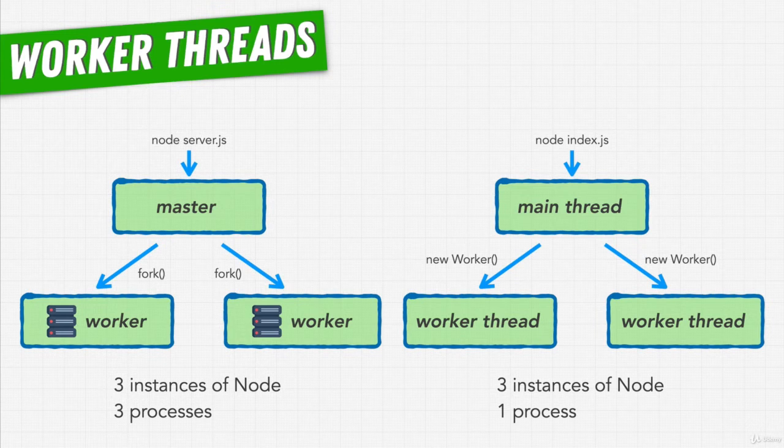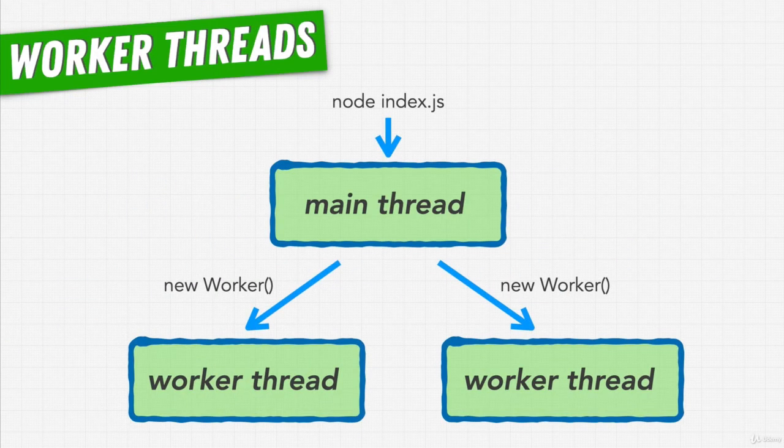There's also some very important functional differences between worker threads and clusters. If you're paying really close attention, you might have noticed that with the worker thread example, I'm not calling my JavaScript file server.js, but instead index.js. This is to highlight the difference that each worker thread here is not designed to share requests coming into a server.